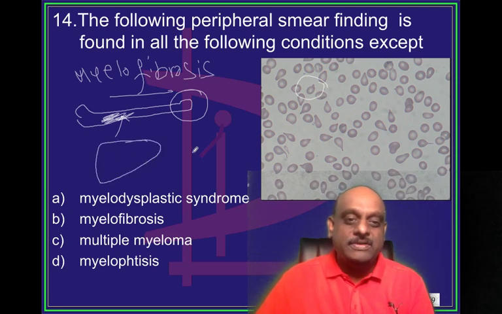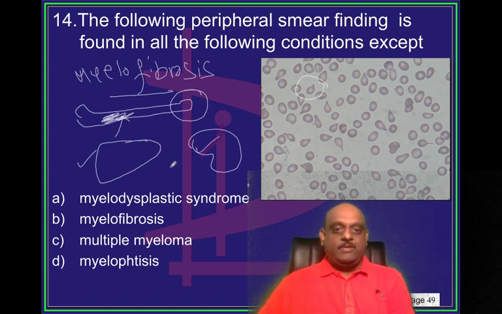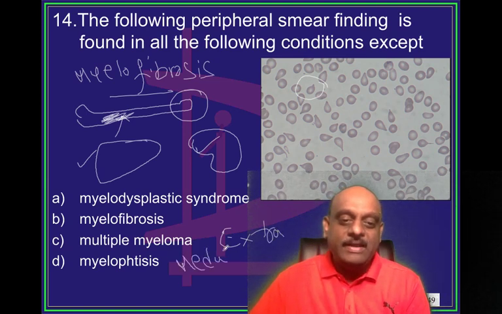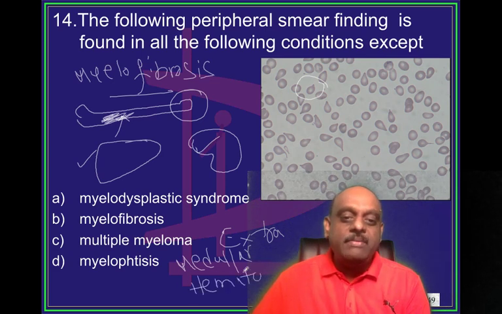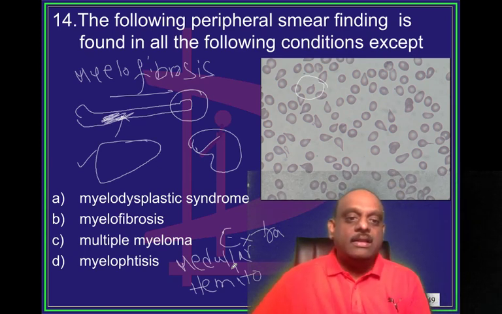Liver will produce. Similarly, spleen will produce. So when liver or spleen is producing, what is that condition called? Extramedullary hematopoiesis.